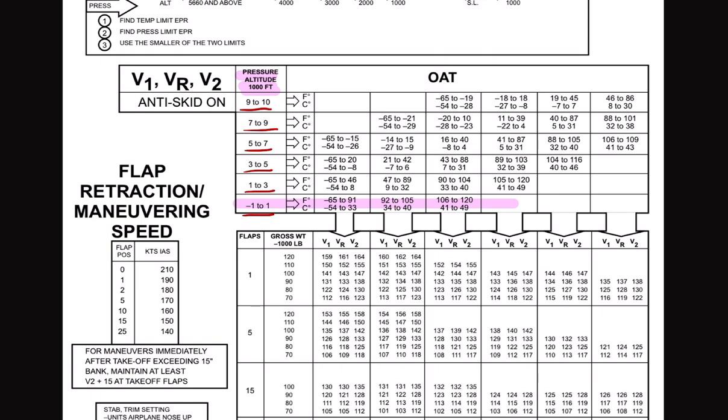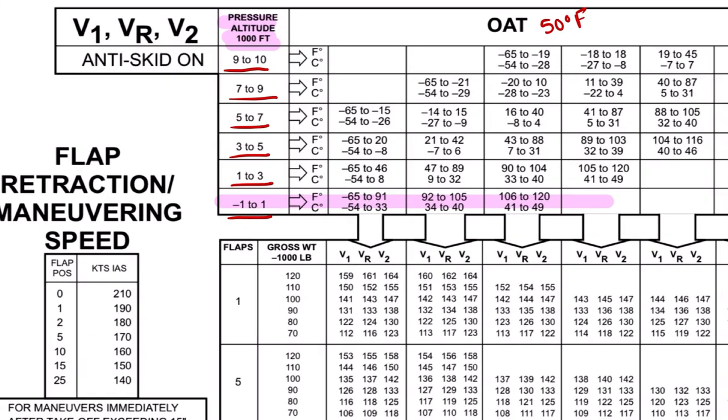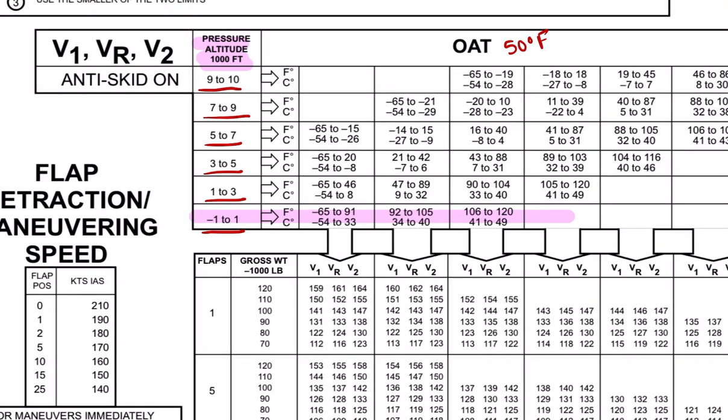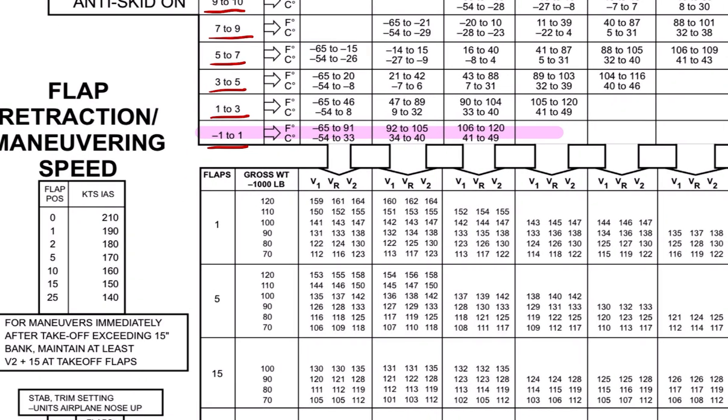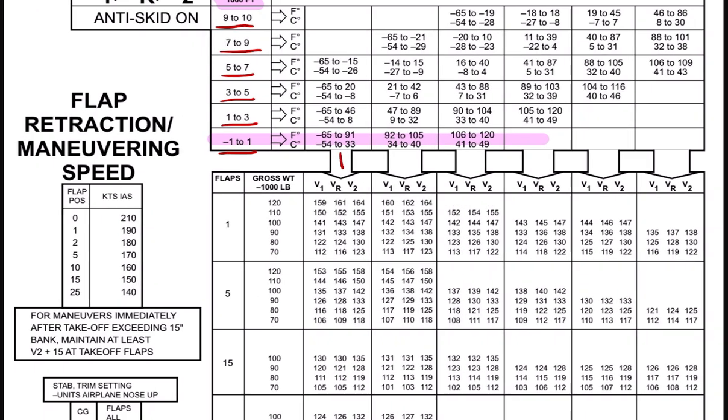Now we need to figure out our outside air temperature. We go back to the operating conditions, and our outside air temperature is 50 degrees Fahrenheit. And when we look here, we're basically just figuring out which box we are using. Are we going down here, or down here?